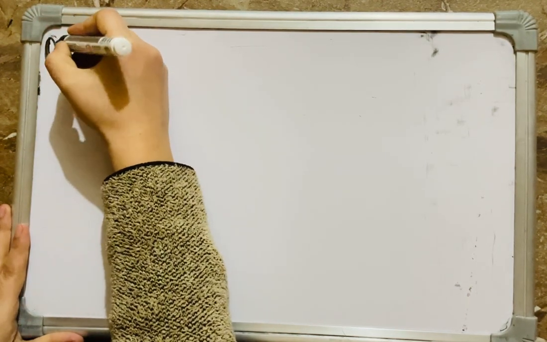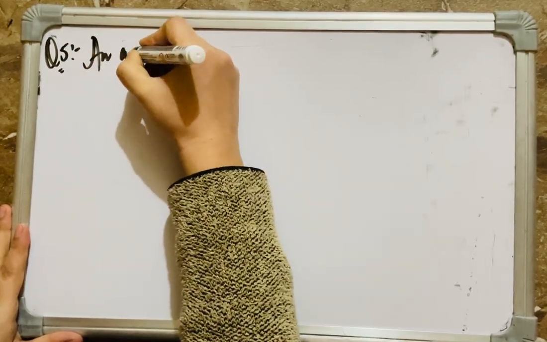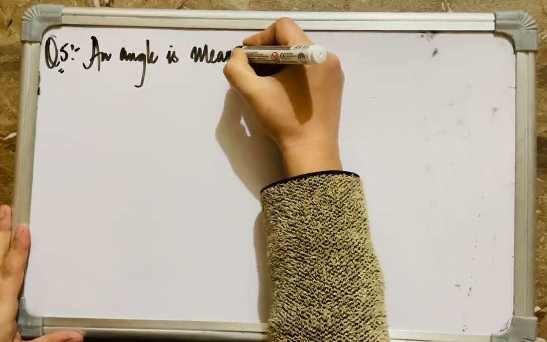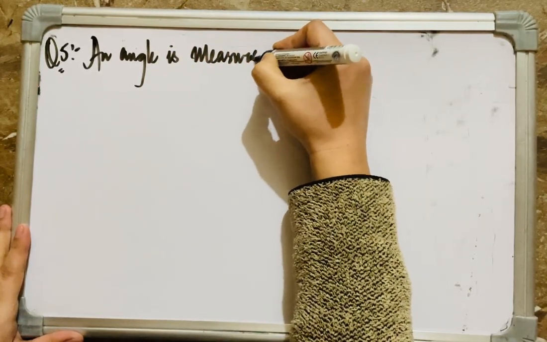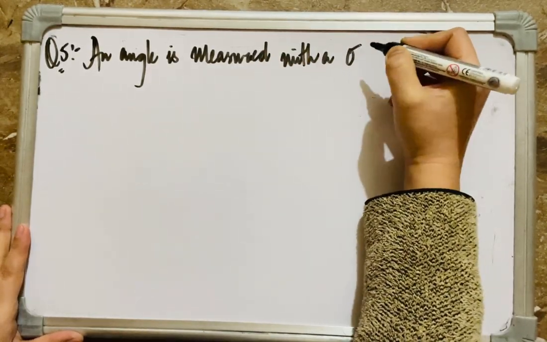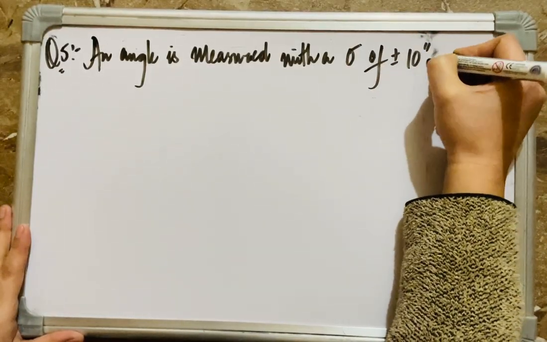All right, this is question number 5. As already told, we are trying to solve as many questions as possible. Question number 5 says an angle is measured with a standard deviation of plus minus 10 seconds.